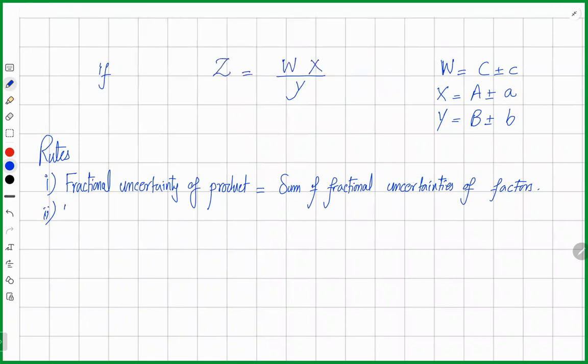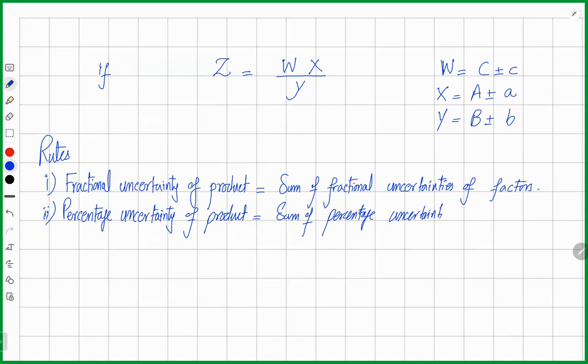Percentage uncertainty of product equals to sum of percentage uncertainties of factors.